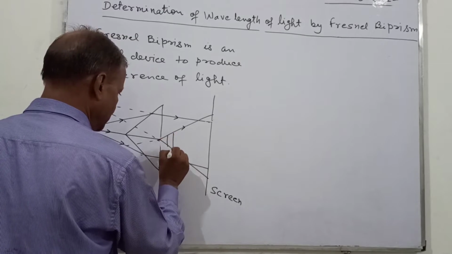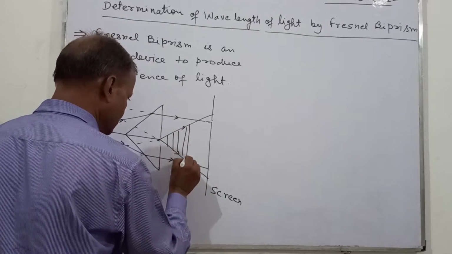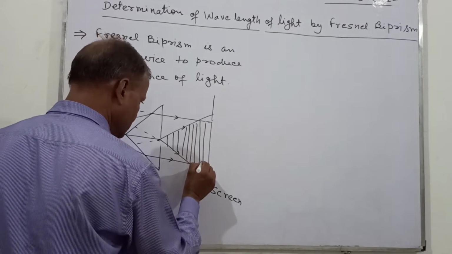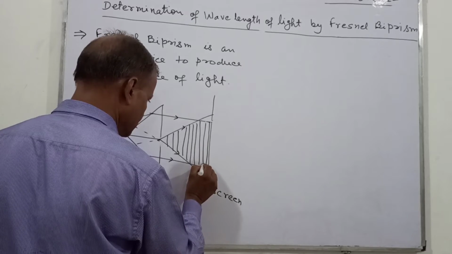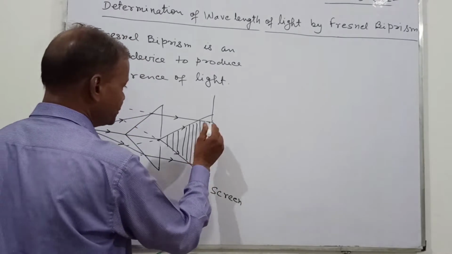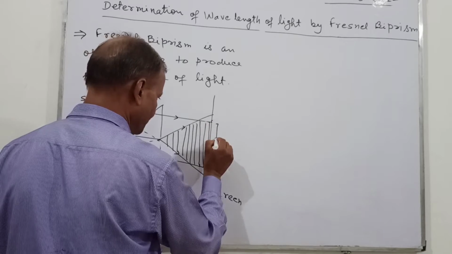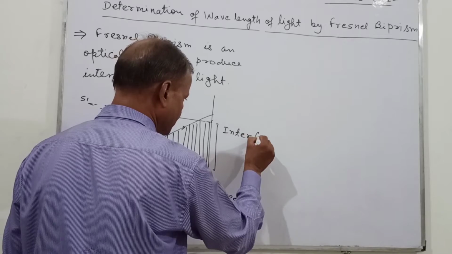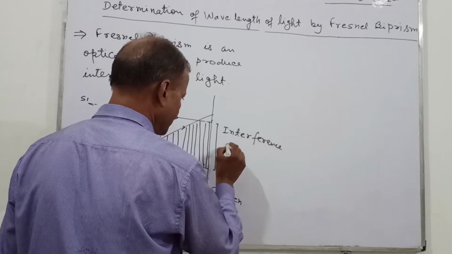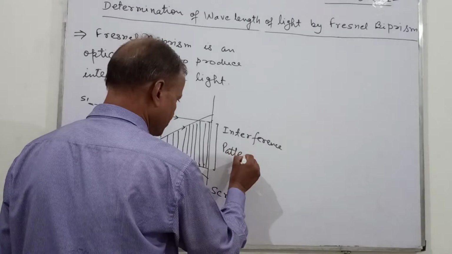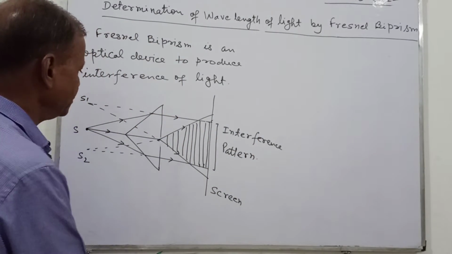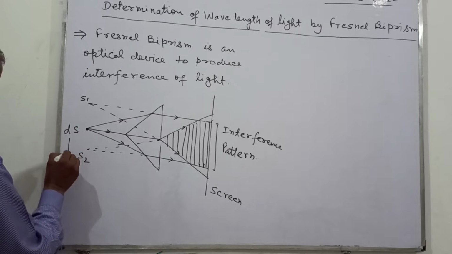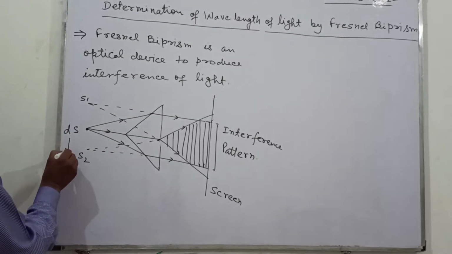This is the interference pattern, and this is the distance d between the sources S1 and S2.